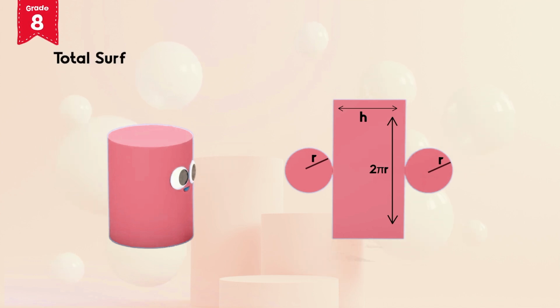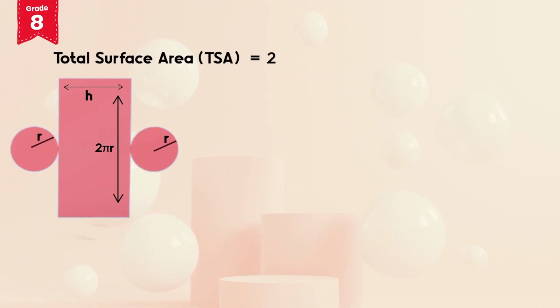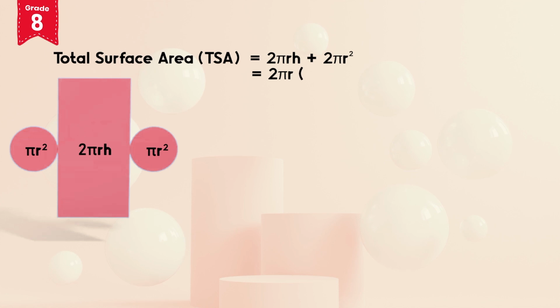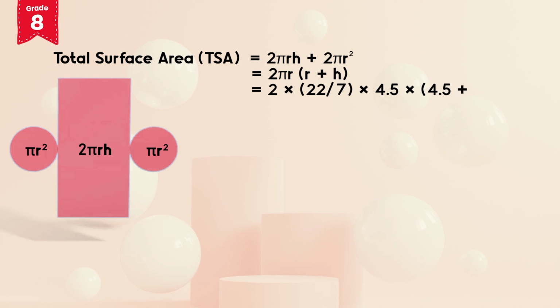Total surface area is equal to 2 pi r h plus 2 pi r square, which is equal to 2 pi r multiplied by r plus h, which is equal to 2 multiplied by 22 by 7, that is the value of pi, multiplied by 4.5, that is the value of the radius, multiplied by 4.5 plus 5, that is the value of radius plus height of the cylinder, which is equal to 1881 by 7 centimeter square.